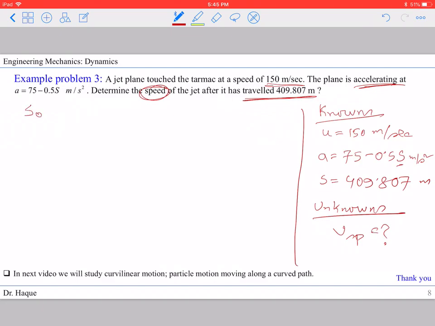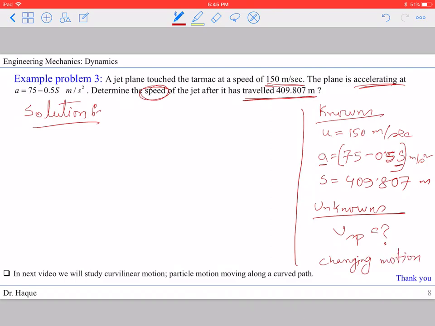Now, solution. We see that the acceleration is again a function of displacement s. In the first problem we had the acceleration as a function of velocity. So we know that it's a changing acceleration motion.